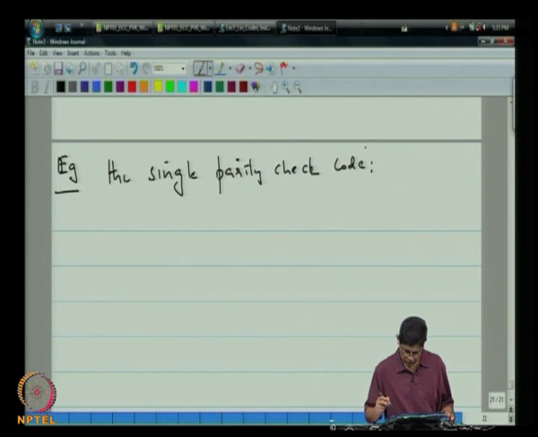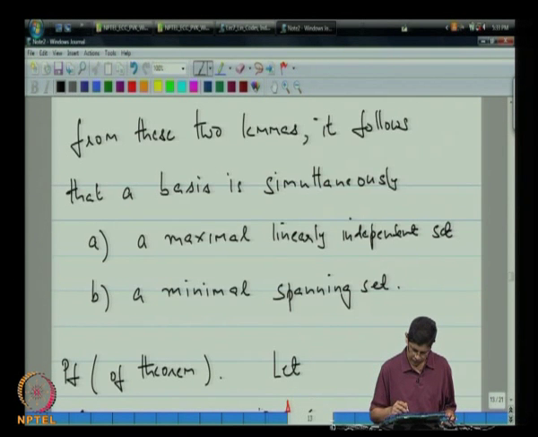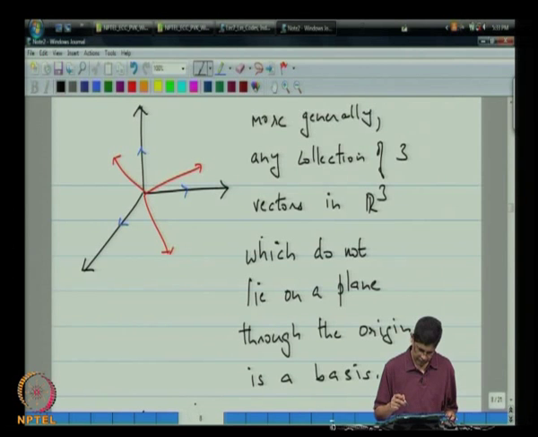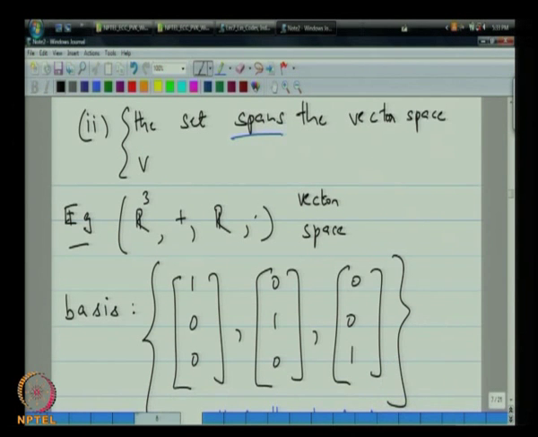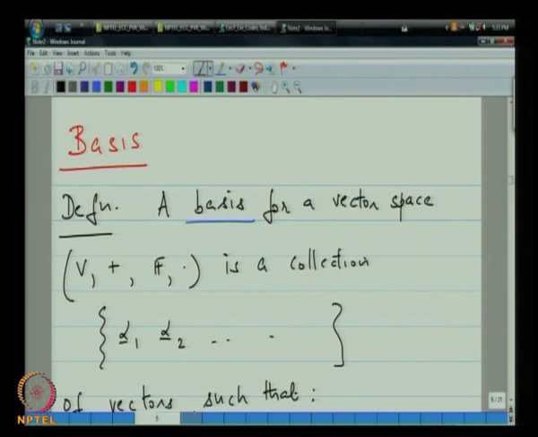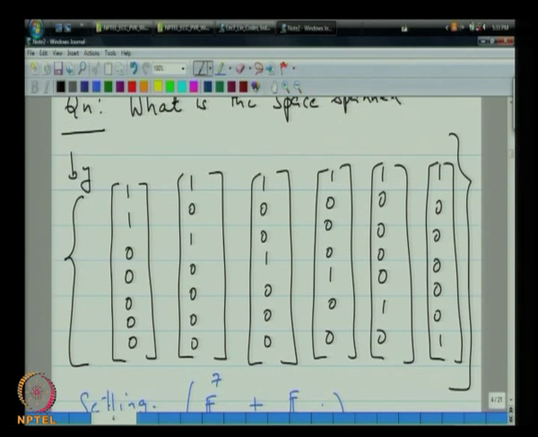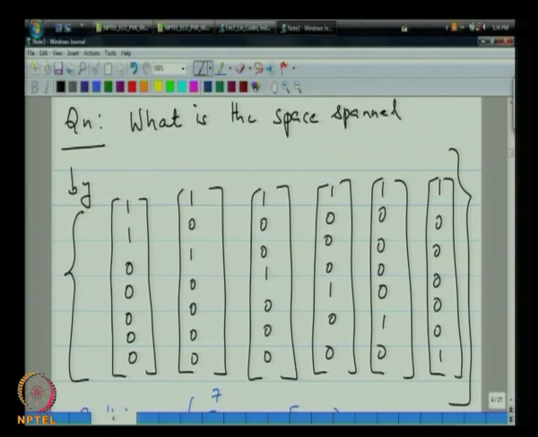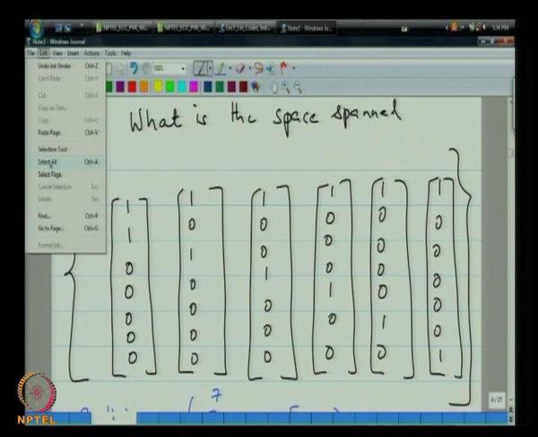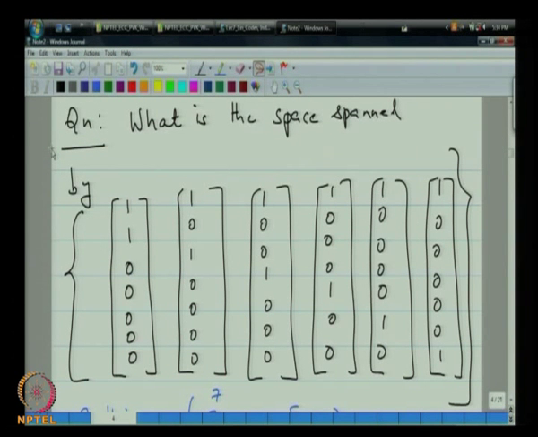For this I am going to go back, because we did a computation which will help us determine the basis.